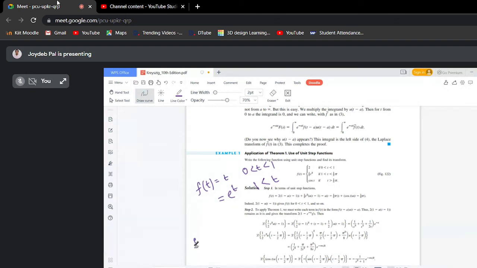If you can, then tell me. It is a piecewise function, so we can express it in terms of the Heaviside function. And how?